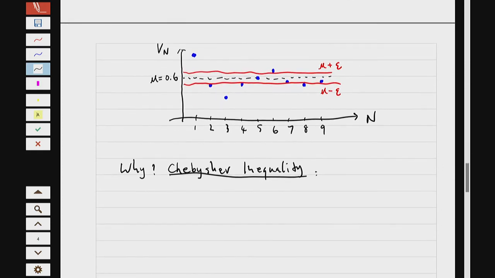It says the probability of any random variable being more than epsilon away from its mean value, in this case mu, is upper bounded by its own variance divided by epsilon squared. This is true for any epsilon that you set.